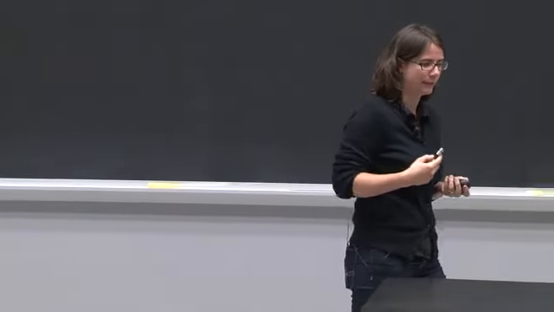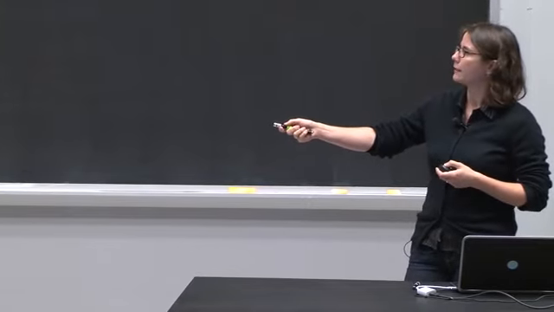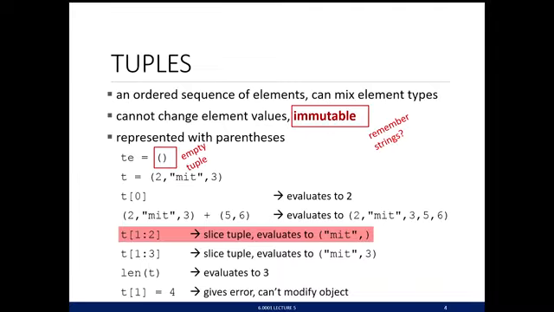Again, much like strings, we can slice into tuples. So t slice from index 1 until index 2. Remember, we go until this stop at -1. So this only gives us one element inside the tuple. And this is not a mistake. This extra comma here actually represents a tuple object.